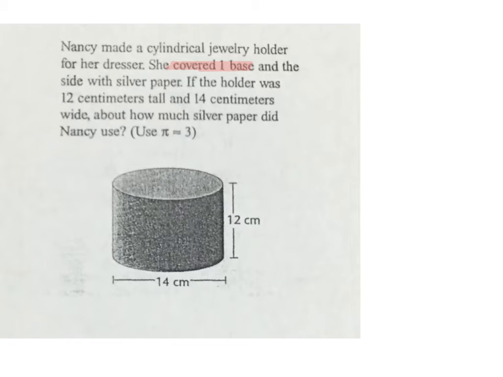So total surface area is going to be 2 pi r h. Now plus. Now, this is why I said we're going to alter the second part of the formula a little bit. Usually it's 2 pi r squared.